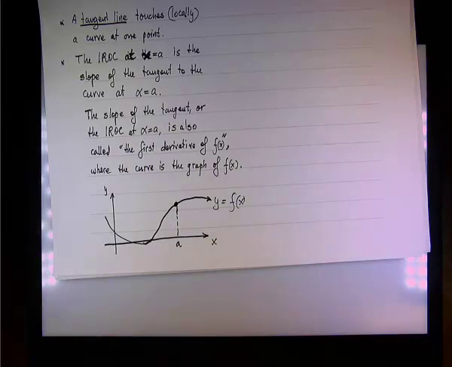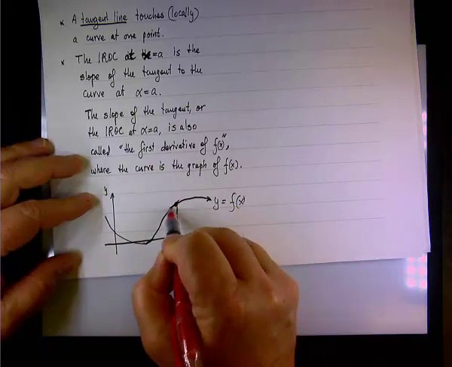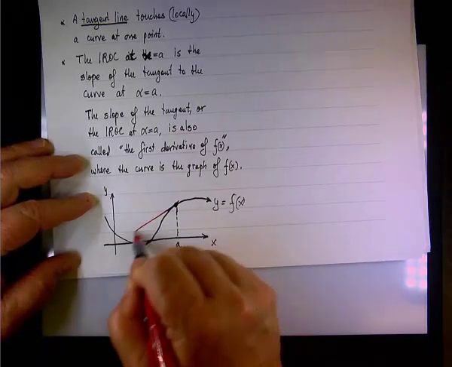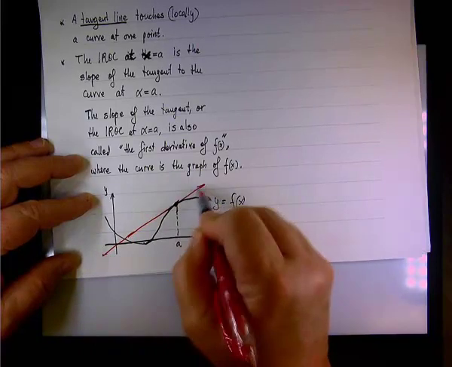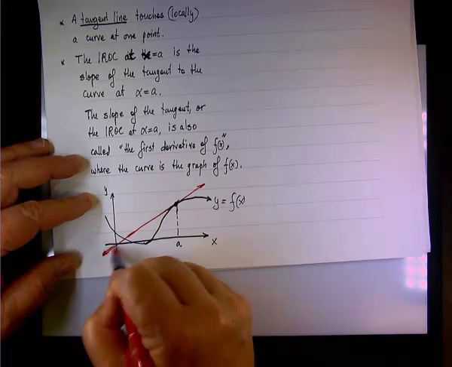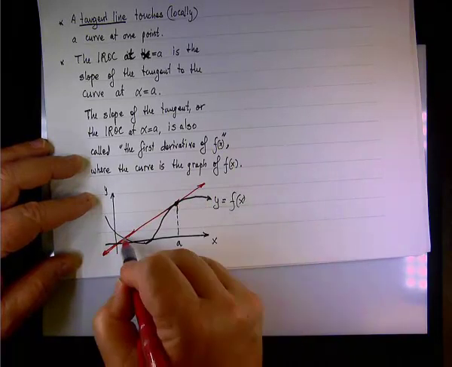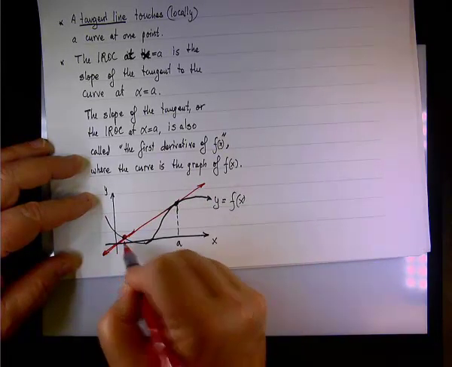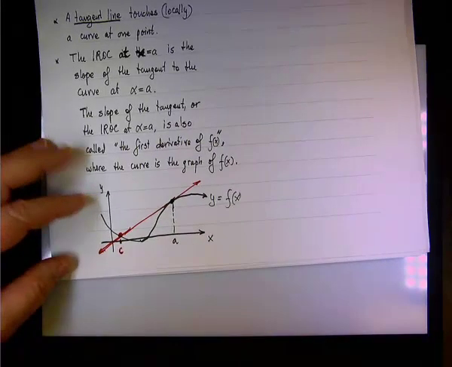And what happened here is the following. The tangent is right here. Okay, so you see that locally it touches at one point, but there is another point, let's say point C, where it intersects.